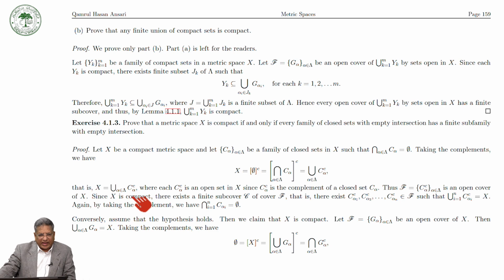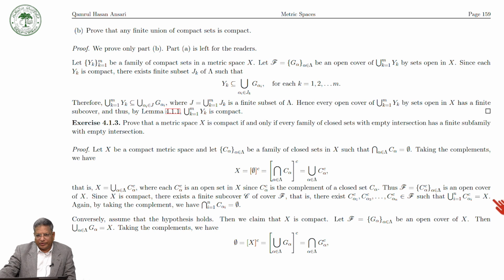Now, since X is compact, there exists a finite subcover of the cover F, such that C alpha 1 complement, C alpha 2 complement, and so on, are elements of F such that the union of these elements must be equal to X. Now take the complement.